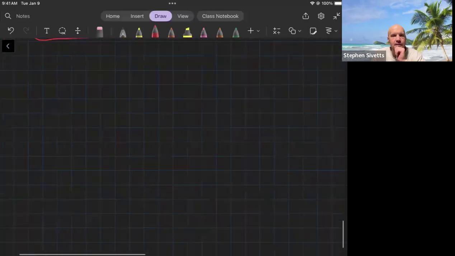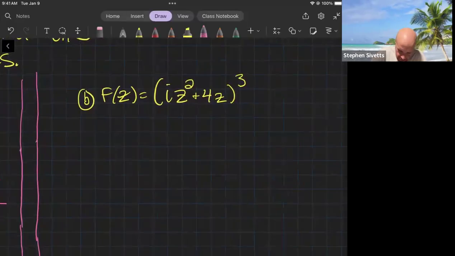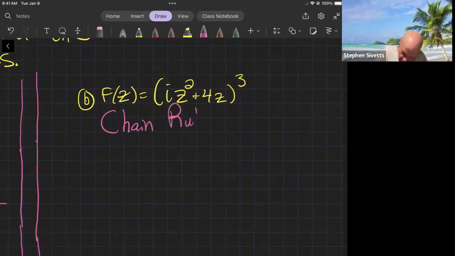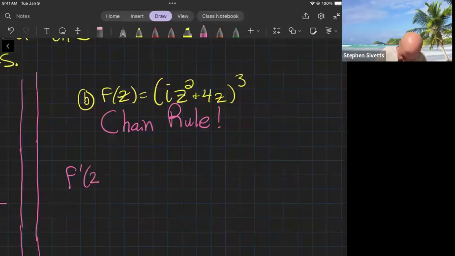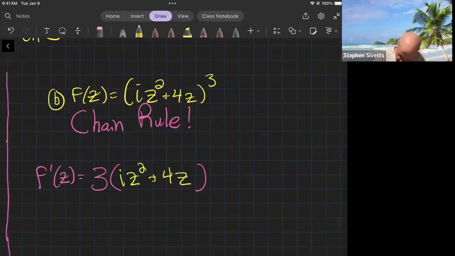Okay. Part B is looking at this function here, right? So this time we're going to use the chain rule. So f prime of z would equal 3 times (iz squared plus 4z) squared times the derivative of the inside function, which in this case is iz squared plus 4z.